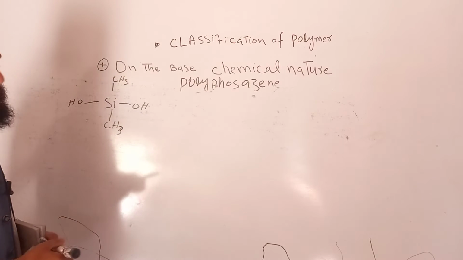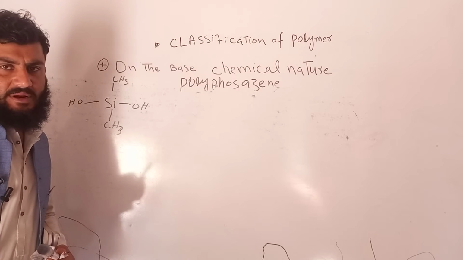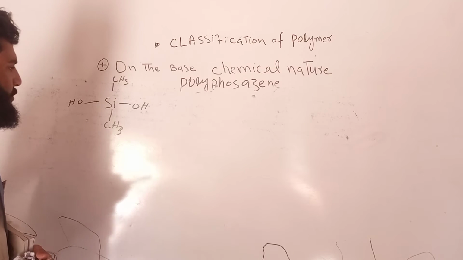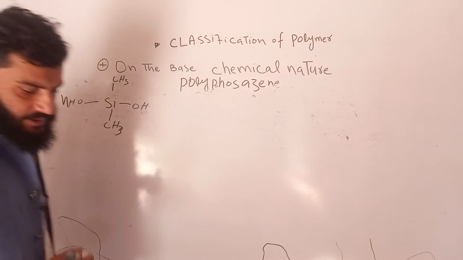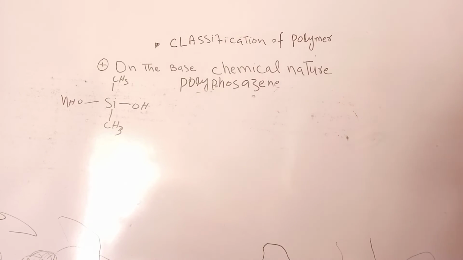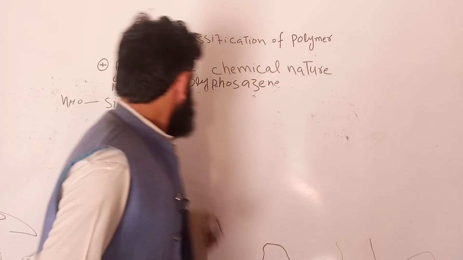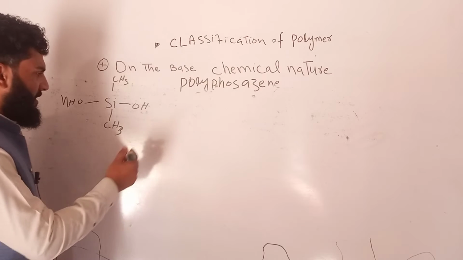Clear? If this is our monomer, now I want to form their structure. What will be their structure in polymer form?